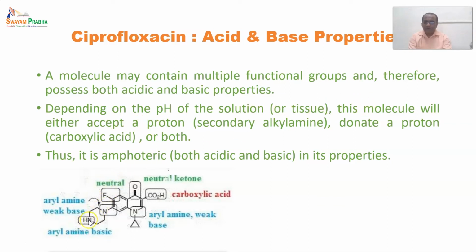When it accepts a proton, this nitrogen will have a positive charge, and after that, donating a proton, this group is responsible for donating a proton, that is the carboxylic acid group, and it will form a negative charge over here, because when hydrogen leaves, it will give away a lone pair of electrons towards an oxygen because of its electronegative character, and that is why it shows a negative charge over here.